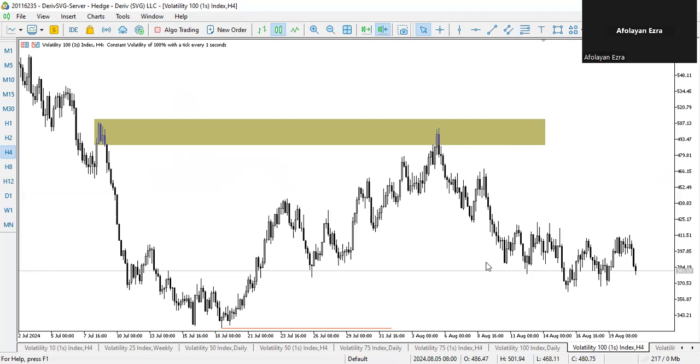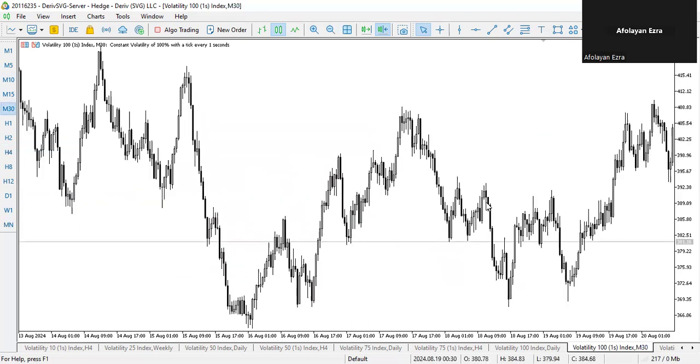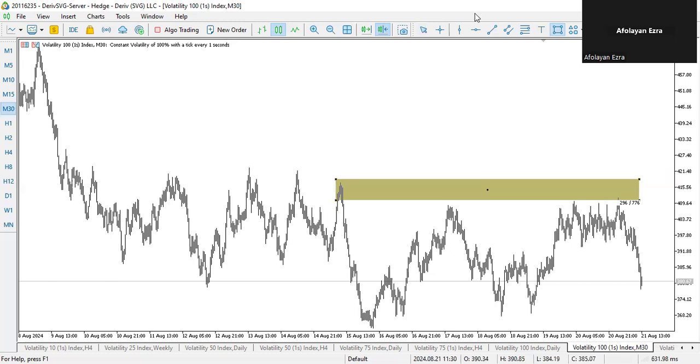But it has already given a sell, and I think it's even given another sell based on what I'm seeing here on M30. On M30 we have this break, inducement taken, the imbalance was here.